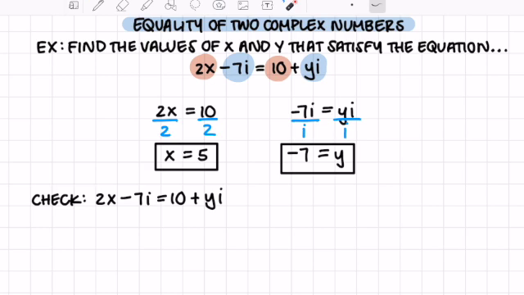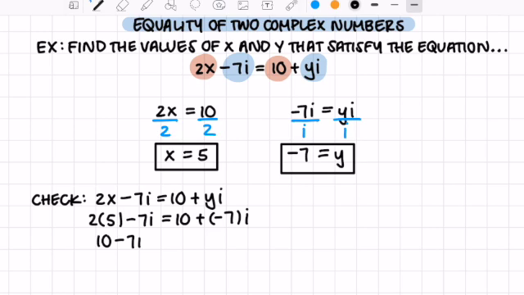If I plug in the 5 for x and the -7 for y, we would get here 2 times 5 minus 7i equaling 10 plus -7i. When I solve this, I get 10 minus 7i equals 10 minus 7i.